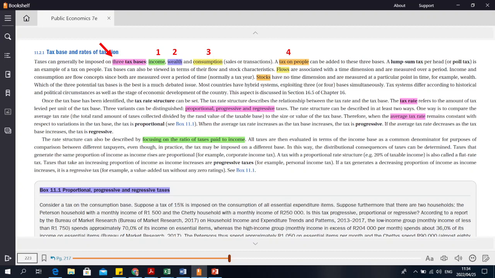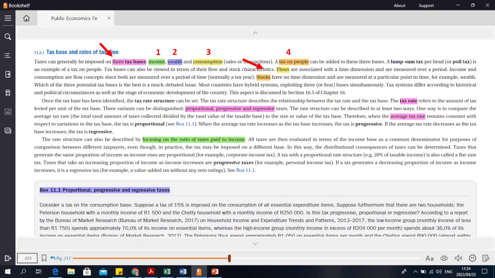We don't really have taxes on persons, but you can consider a universal income grant as a subsidy on persons, because if everybody gets a grant in the universal way as we had it in the previous chapter, then you can think of it as a universal subsidy, because it's not based on income, wealth, or consumption if it's universal.